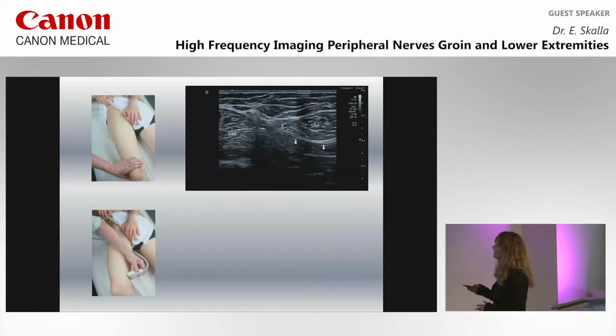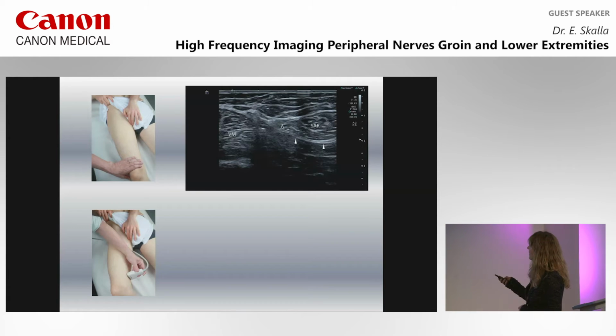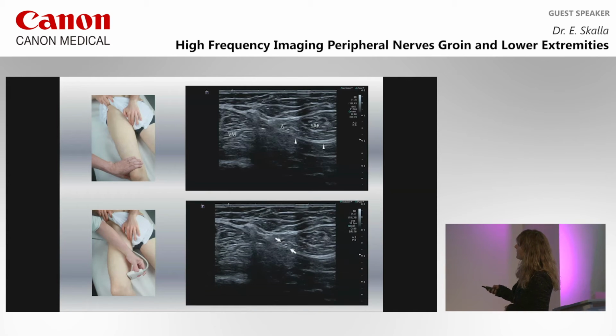It's nearly the same, but now we can see the vastoadductor membrane in the deep, the Sartorius muscle lying on it, and here's the medial vastus muscle. Then we can see the nerve lying just beyond the vastoadductor membrane. It has just pierced the membrane and left the adductor channel.